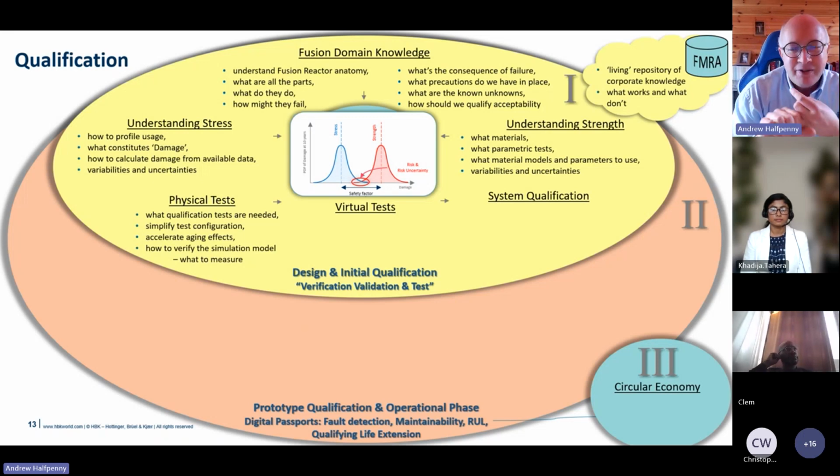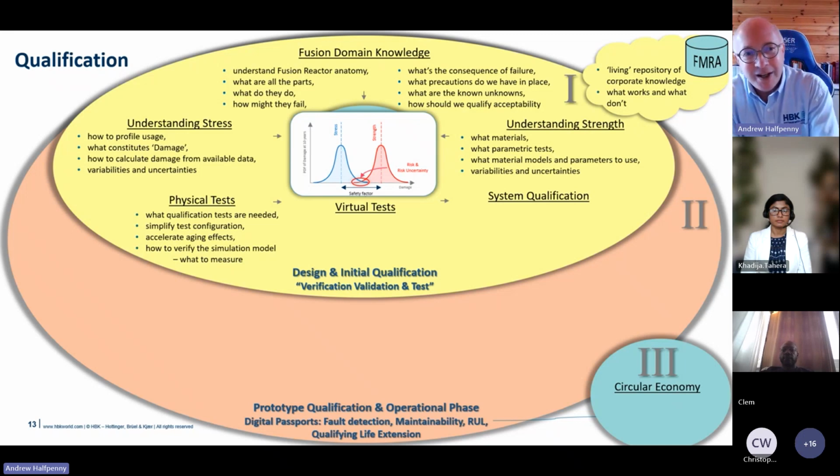How would we simplify any test configuration to just concentrate on the thing we're after? How would we accelerate any aging effects if aging were the failure mode? And then how could we use this to help validate and verify our simulation model? What is it we're going to physically measure in order to start to verify our calculations?